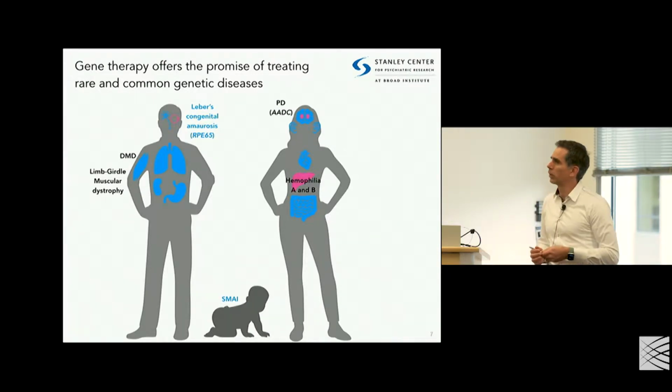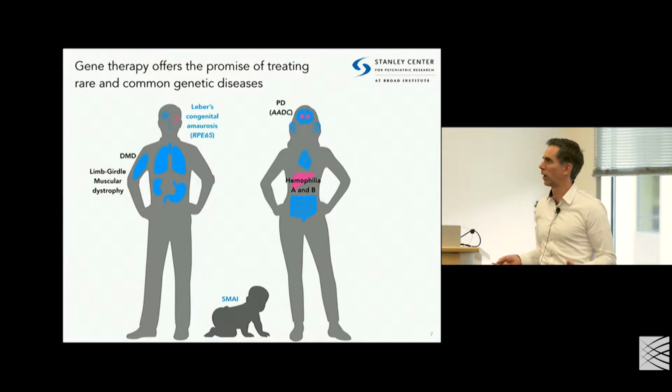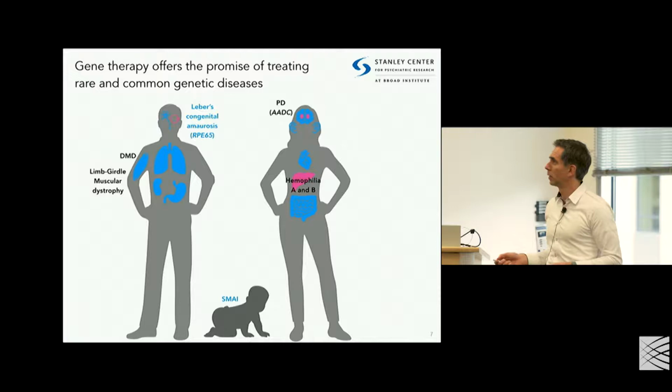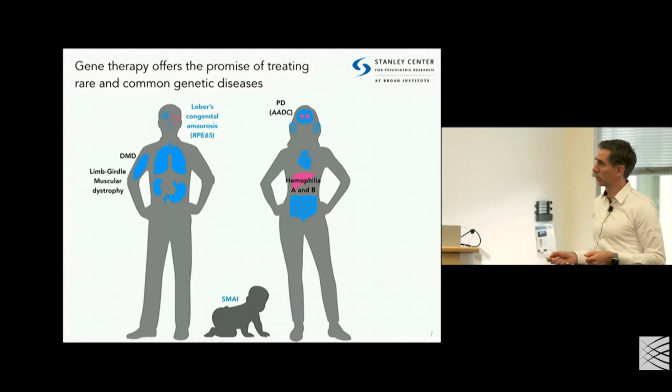So the goal, though, is to really try to take this even farther and start applying gene therapy to a wide range of diseases. And there are a number of clinical trials going on now that look pretty promising. There are treatments for Duchenne's muscular dystrophy as well as limb-girdle muscular dystrophy, for which there were some recent results.